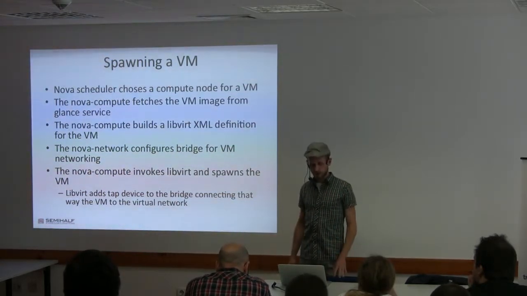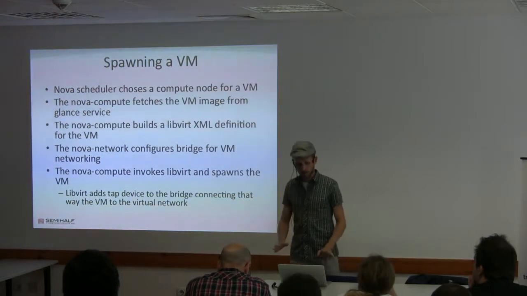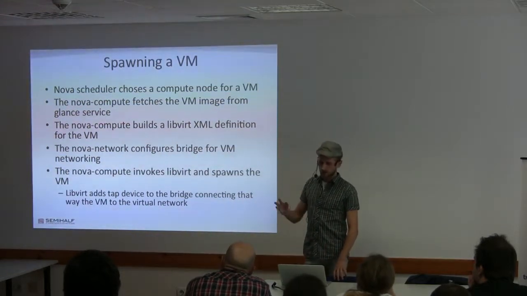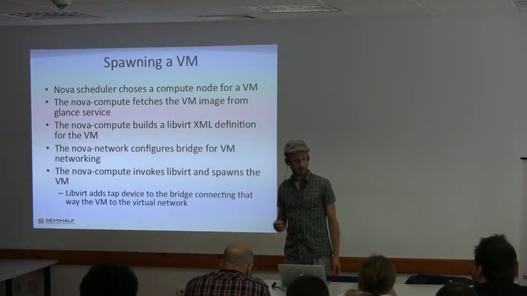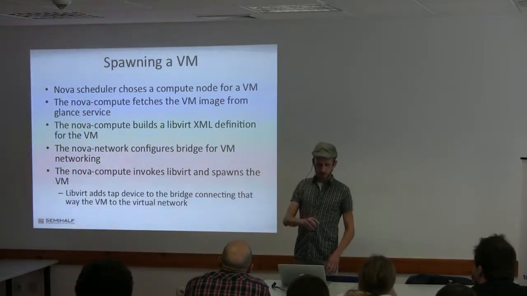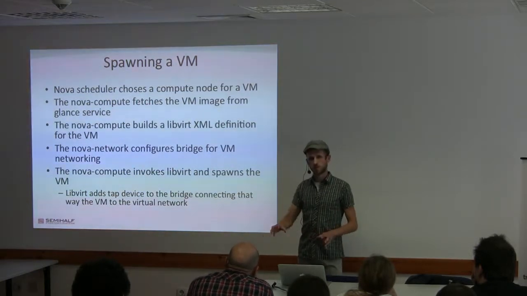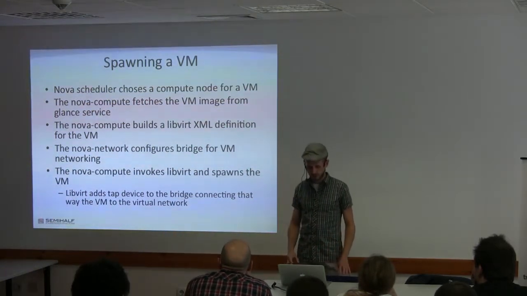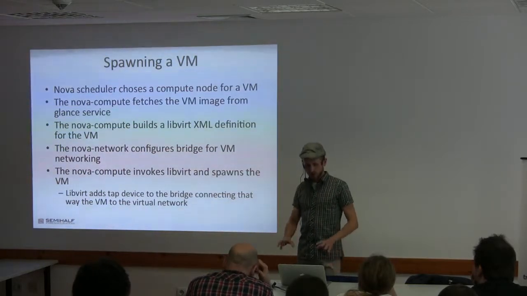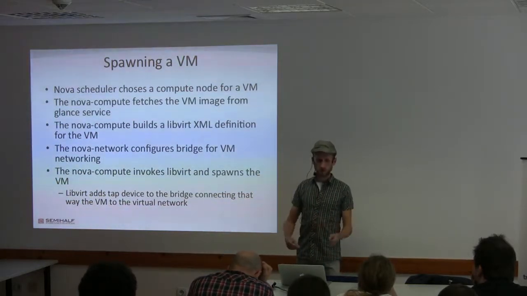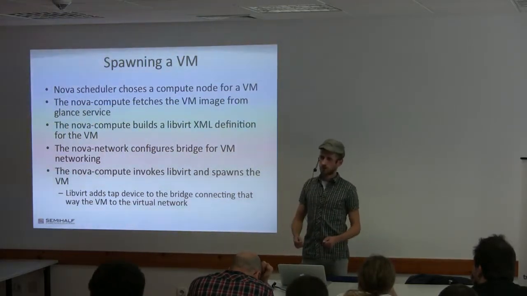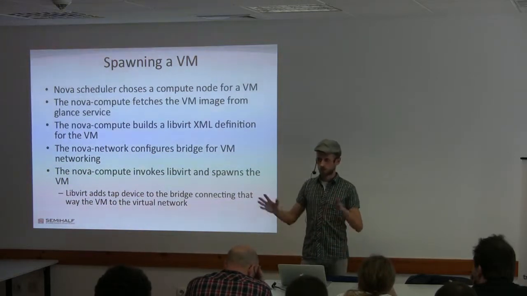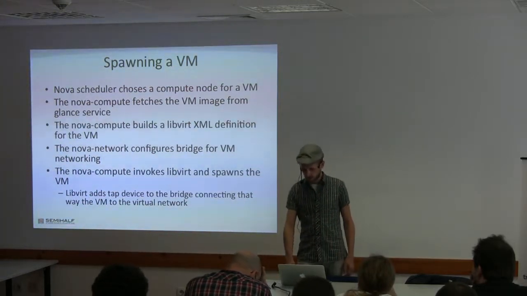In the meantime, Nova Network configures the bridges, configures all that is necessary for the networking, and once libvirt spawns the VM, it puts the tap that corresponds to the interfaces from inside the guest VM on the proper bridges, because each bridge means each virtual network in this case. So this is a very simple scenario that allows you to have some flexibility upon spawning your VMs on different hosts and have some simple networking between them.